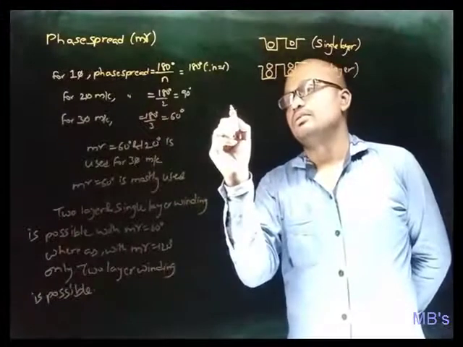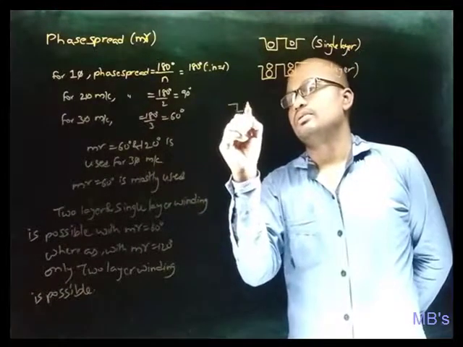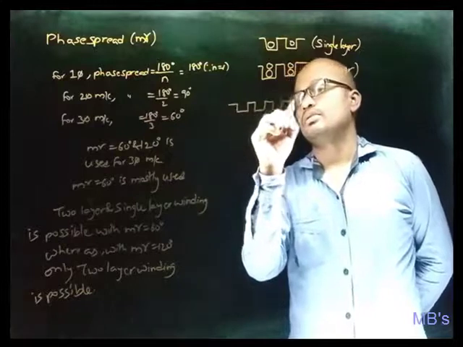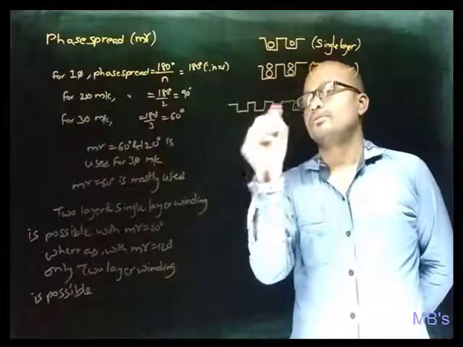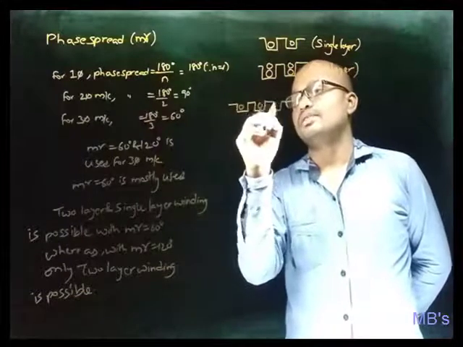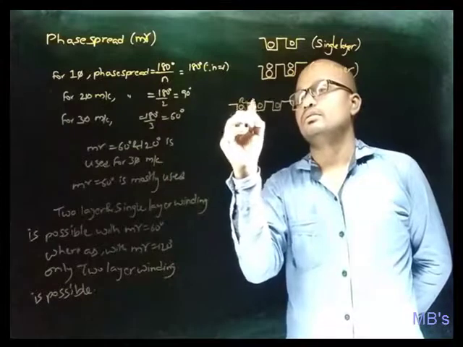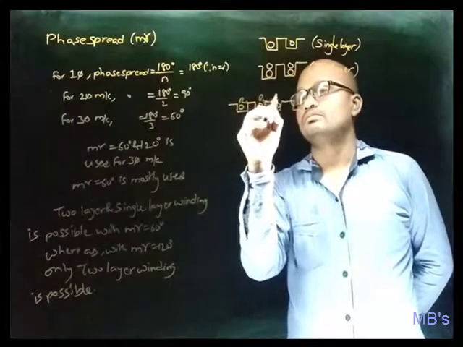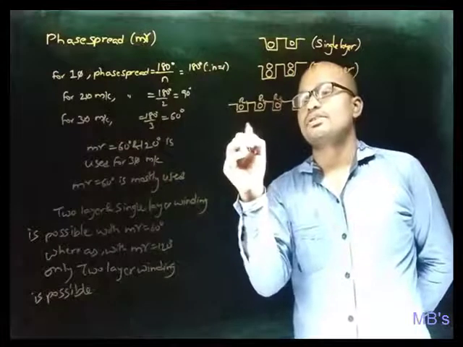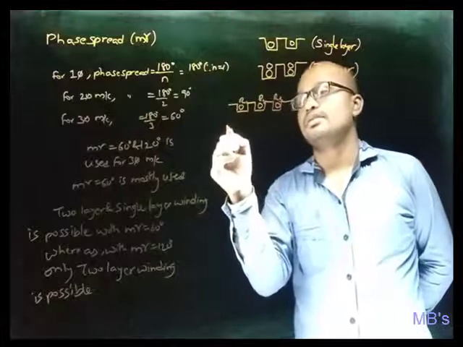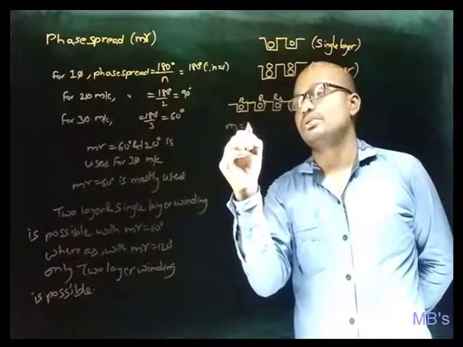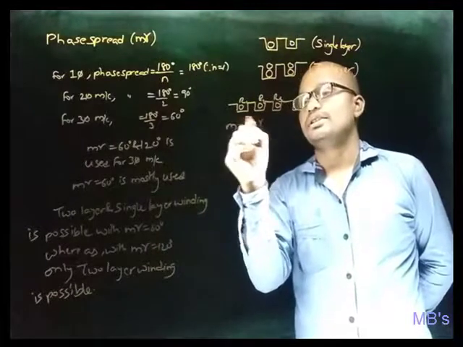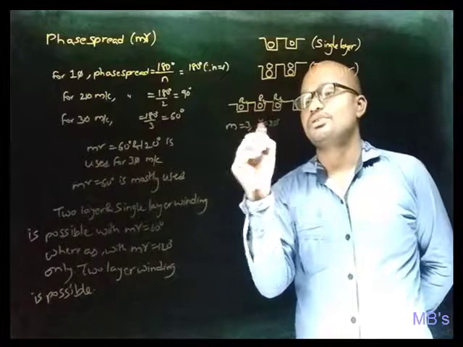And suppose R phase is having 3 slots per pole per phase, means m is equal to 3, and let us suppose each slot angle is 20 degrees.